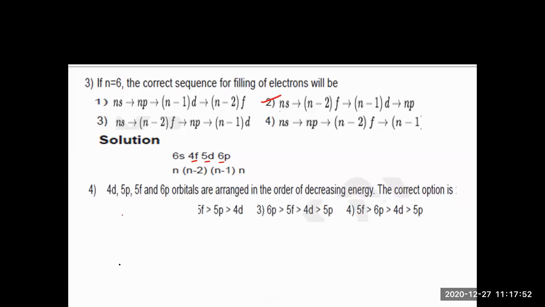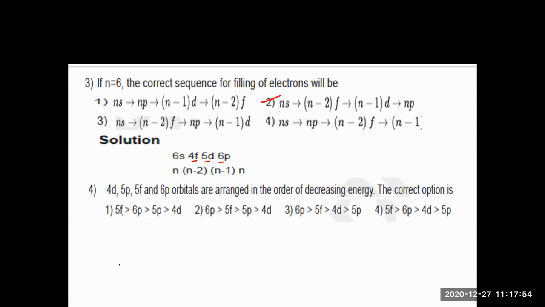We'll take a fourth one. 4d, 5p, 5f, and 6p orbitals are arranged in the order of decreasing energy. The correct option is decreasing order. You can do n plus L rule, or if you remember the sequence according to Aufbau principle, you can directly answer. Whichever has highest n plus L value will be the one which has highest energy.